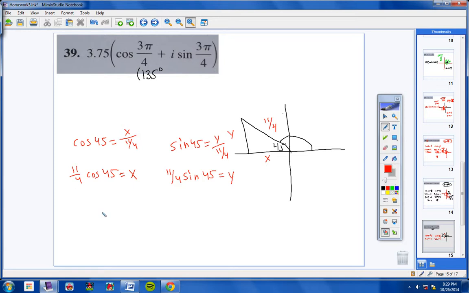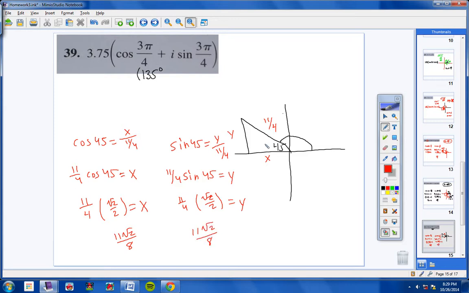No, square root of 2 over 2. And the sine of 45 would be square root of 2 over 2. So we have 11/4 times square root of 2 over 2, which is 11 square root of 2 over 8. Same thing here. Exact same answer. So 11 square root of 2 over 8 for your y.